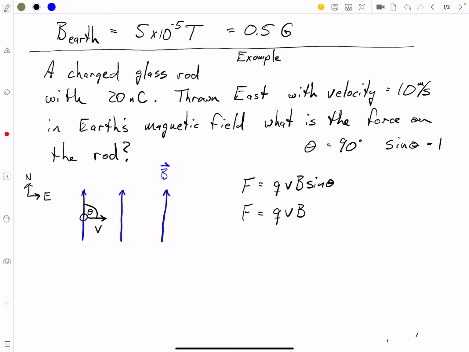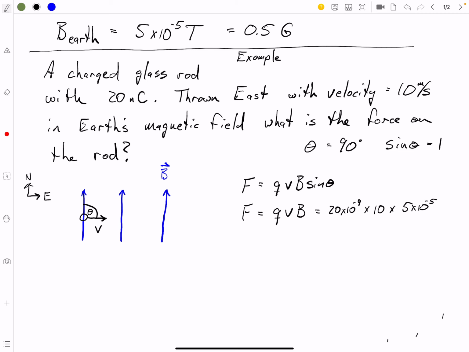We can just plug in numbers. We've got 20 times 10 to the minus 9, multiplied by 10, multiplied by our B field. Let's stay with SI units, so Earth's B field in Teslas is 5 times 10 to the minus 5.